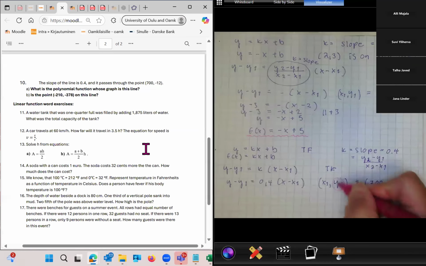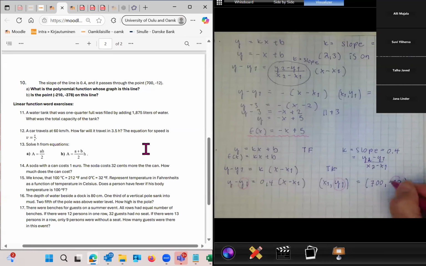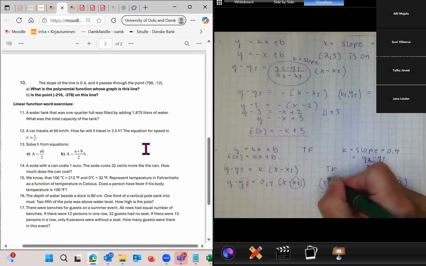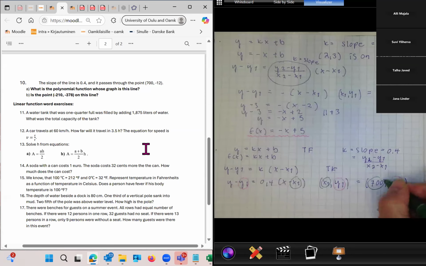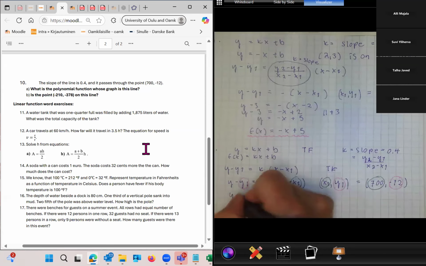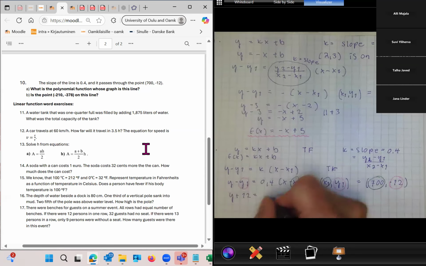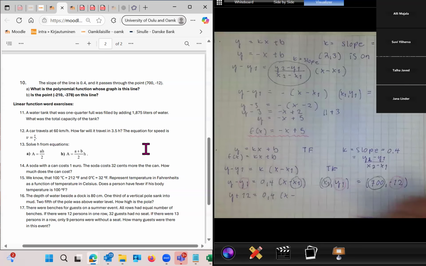So I would know that here I put this, and then the other one was the first one here, I put it to that place. So here would be plus 12, 0.4, and then x minus 700. So this already sounds like this is actually some line that has something to do with something in real life.